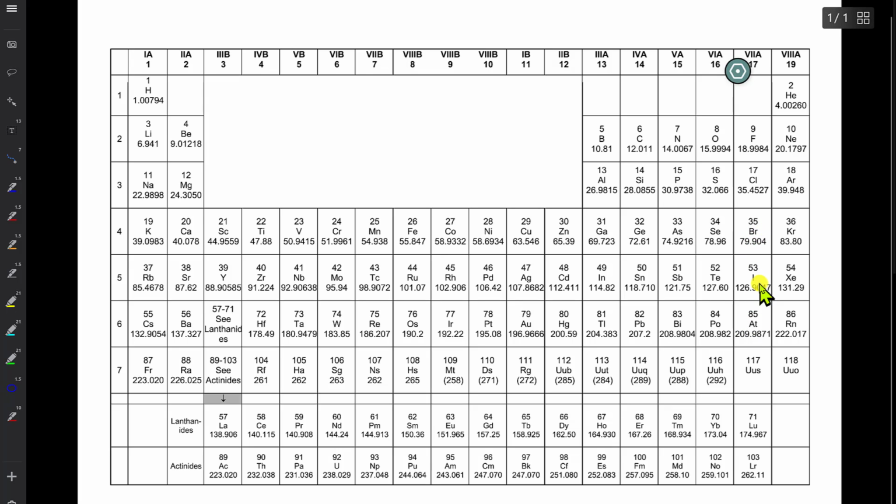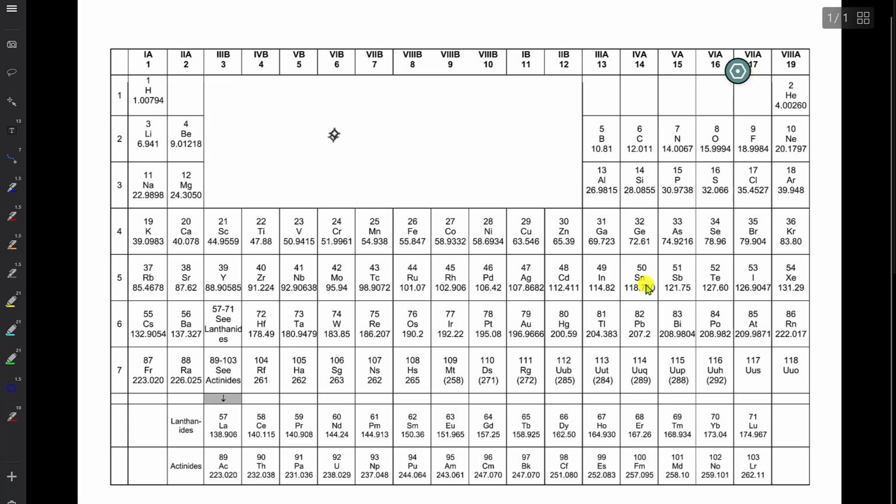I2 would be a solid, and then these guys are all gases as well in their reference form. So basically what you would expect to find them on the periodic table is what you expect their reference form to be. Now, some elements form multiple species in nature.